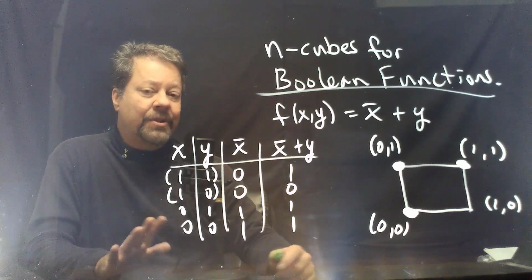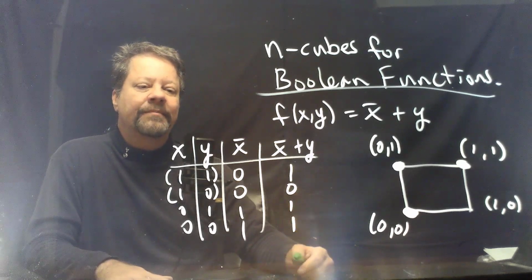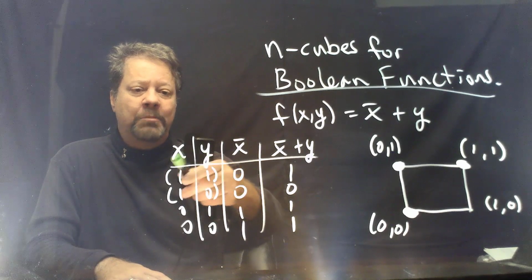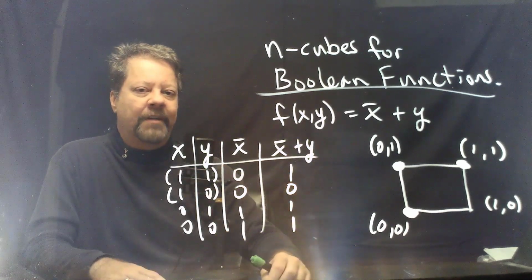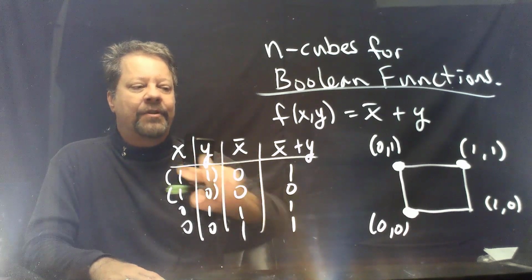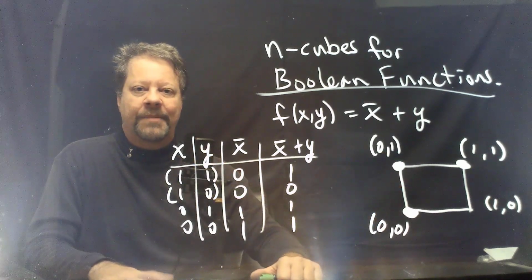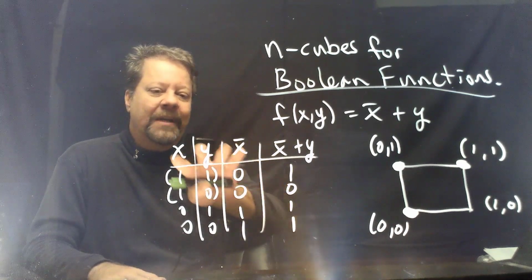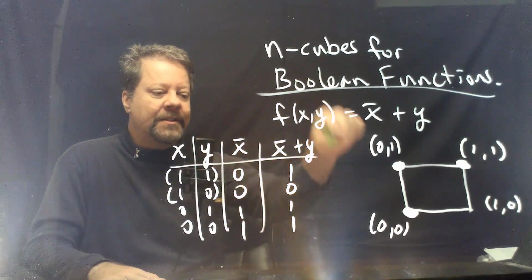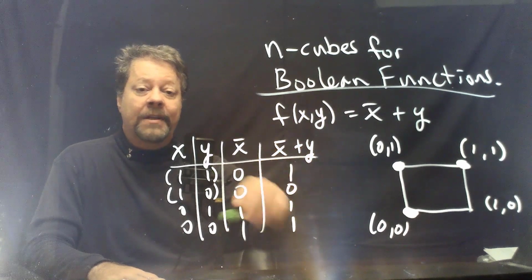So how in general do you make the n-cube? You have your independent Boolean variables, x, y, z, however many variables you have. If you only have 2 variables, you get a 2-dimensional object, in this case a square. With 3, though, you'll get the vertices of a cube in 3 space.